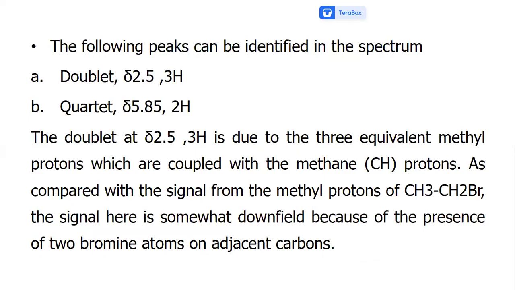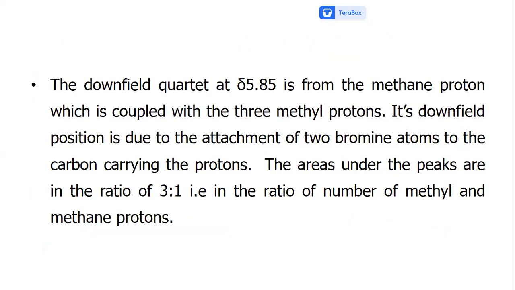The following peaks can be identified in the spectrum: doublet, delta value 2.5, 3 hydrogen, and quartet, 5.85, 1 hydrogen. The doublet at delta 2.5 is due to three equivalent methyl protons, which are coupled with the methine proton. Compared with the signals from the methyl protons of CH3CH2Br, the signal is somewhat downfield because of the presence of two bromine atoms on the adjacent carbon.